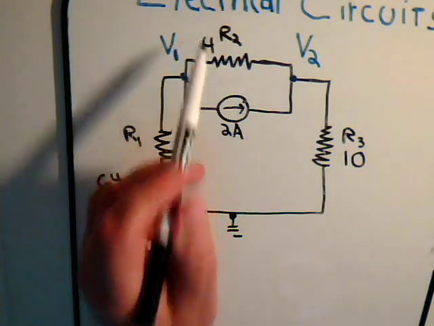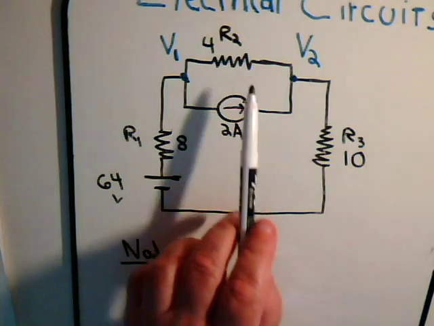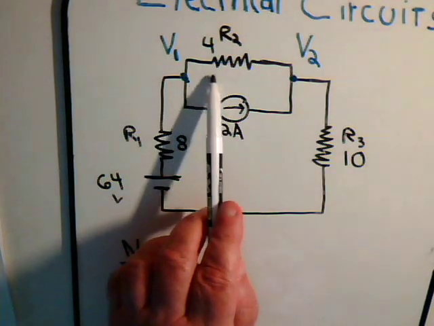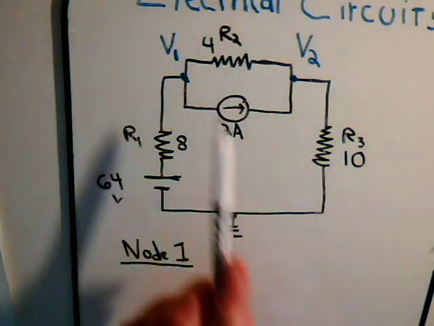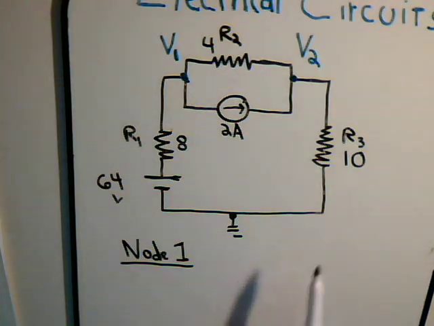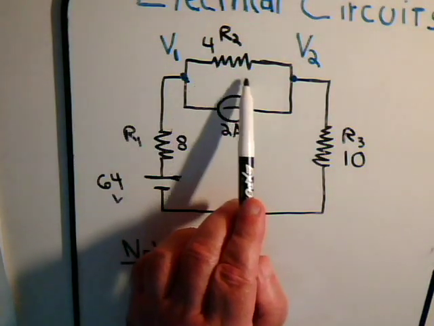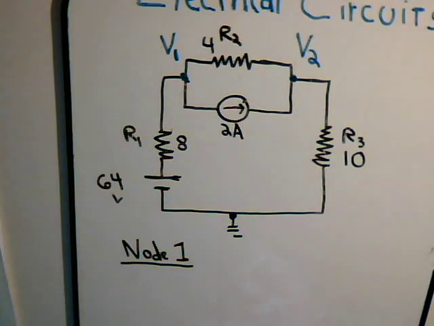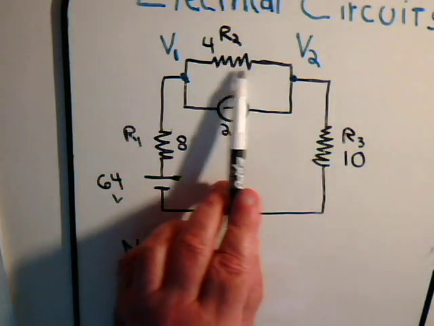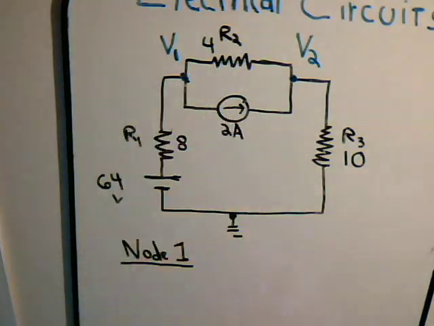So the amount of current through this resistor going in this direction would be this potential minus this potential. Both of these are going to be at positive potentials with respect to ground. So if the current is in fact going this way through the resistor, as we're assuming when we set the problem up, then the strength of the current will be V1 minus V2 divided by 4.